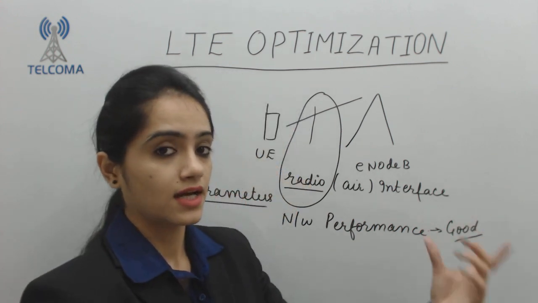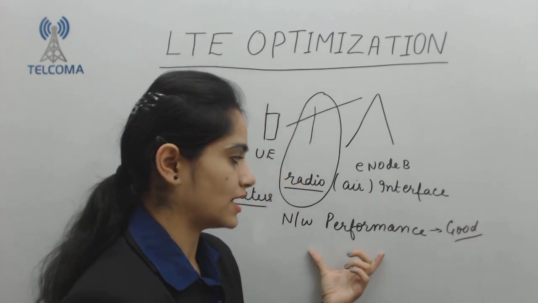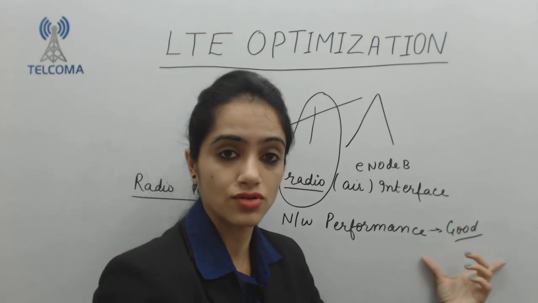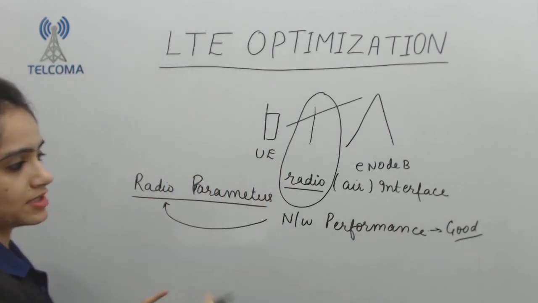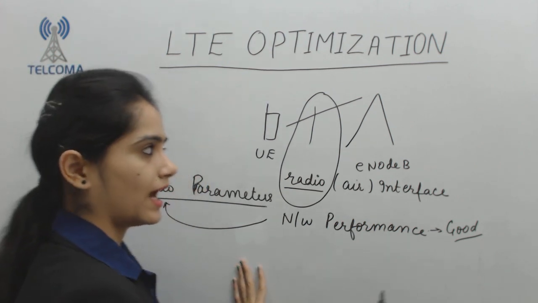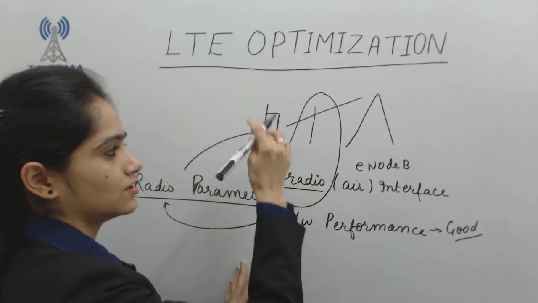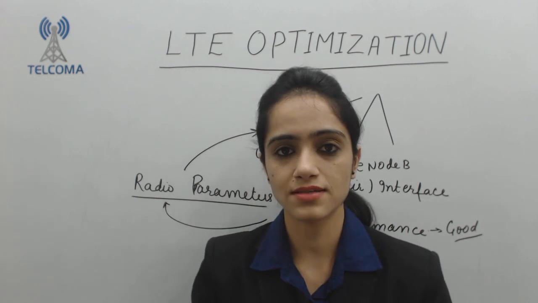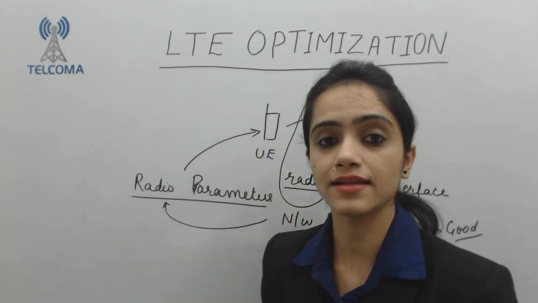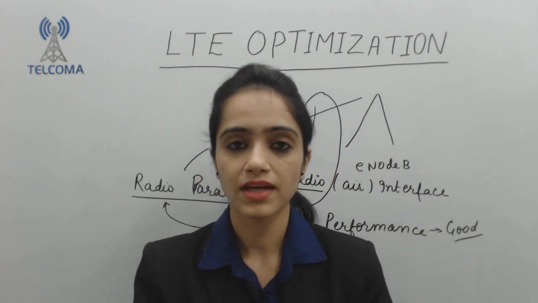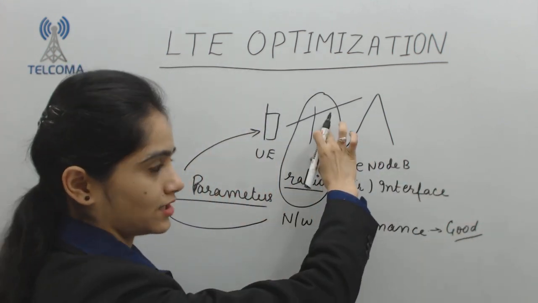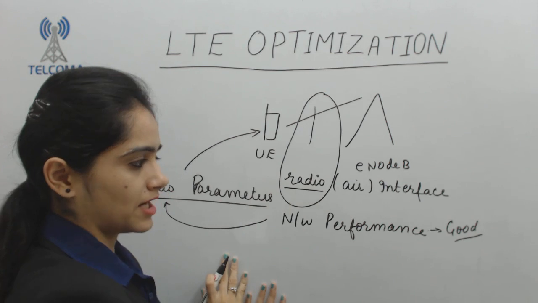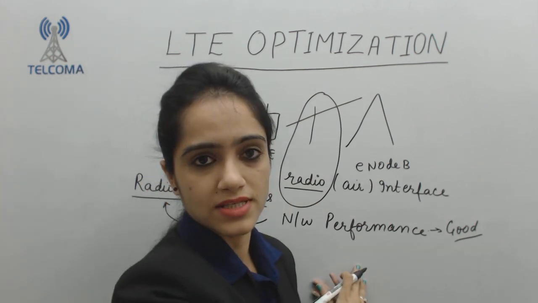If I am an optimizer, I require that my network performance should be good. That means my radio parameters should be good, and in return the UE should get good services, which is directly related to the quality of service. That means these all are interrelated: good radio network conditions, good radio parameters, good network performance.